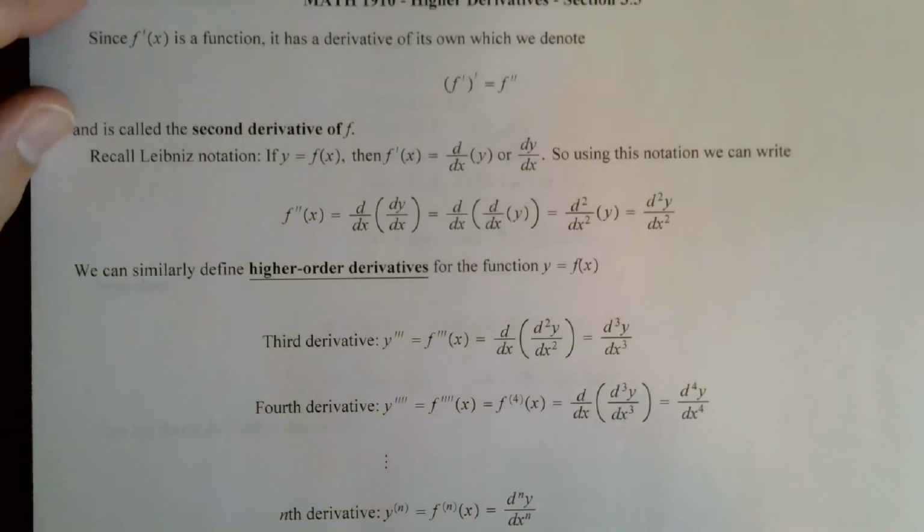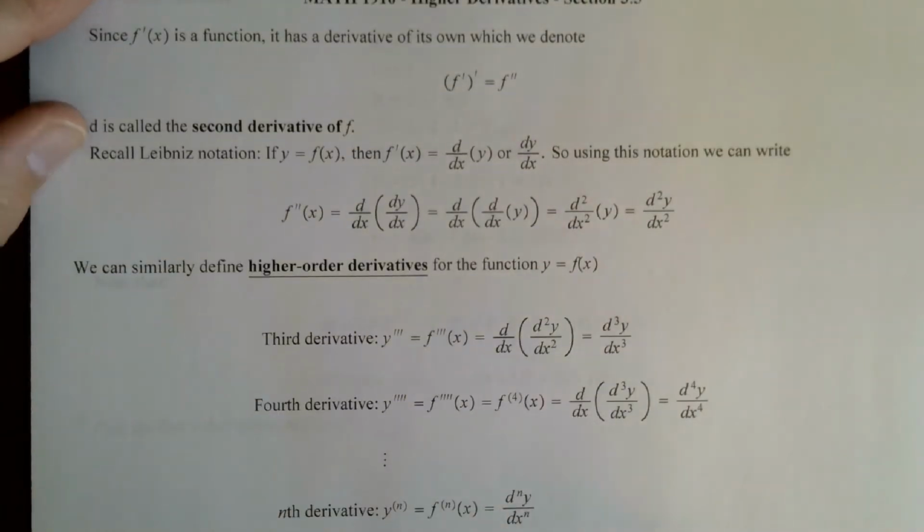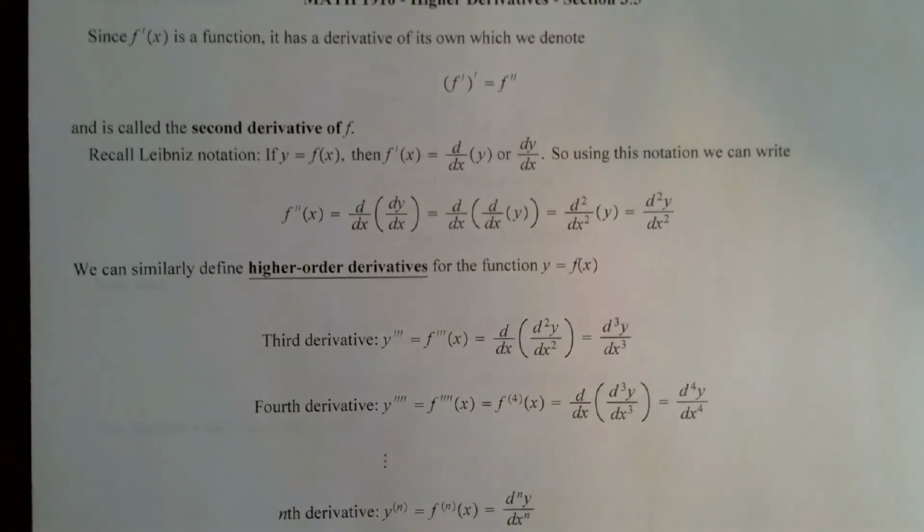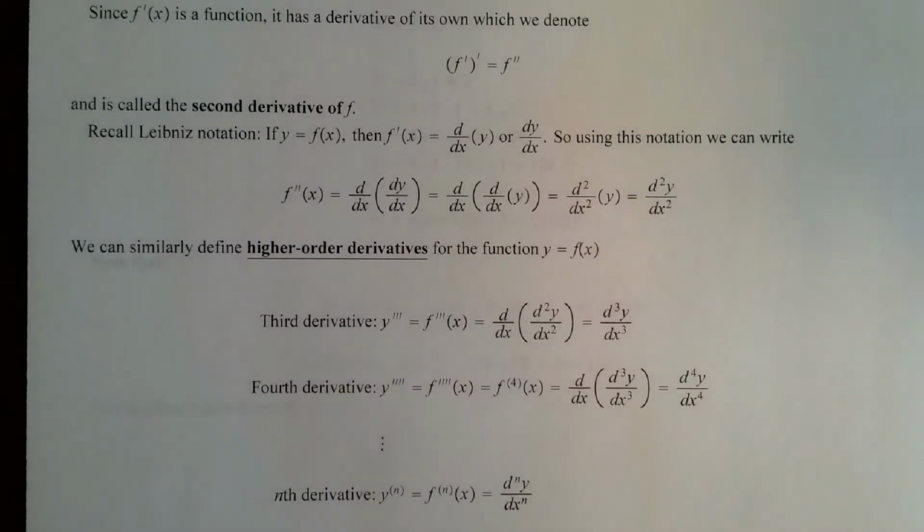If the function f represents the position of a particle undergoing linear motion, say the distance from a fixed point, then the derivative of that function, which represents the rate of change of the position with respect to time, is what we call the velocity of the particle.